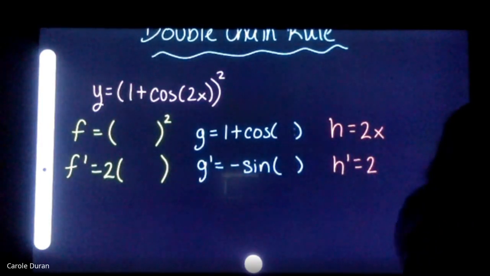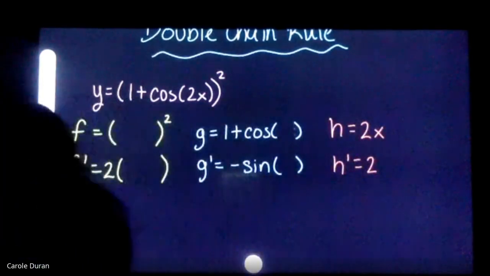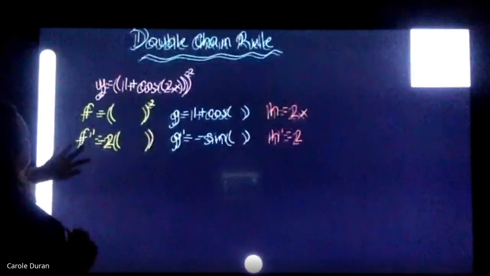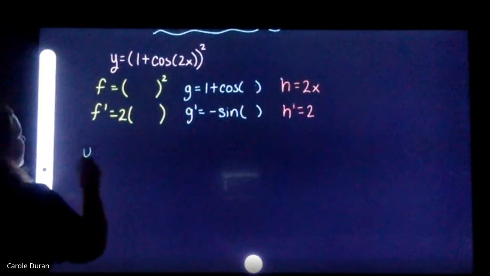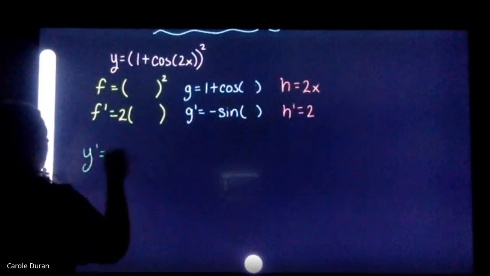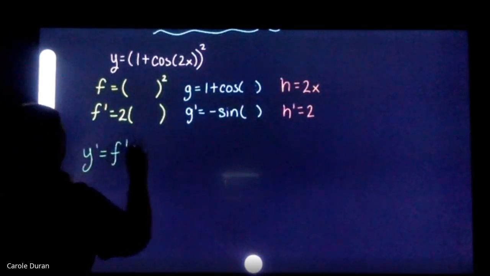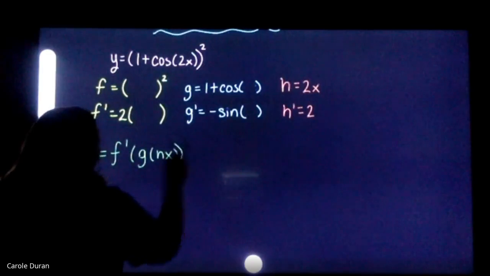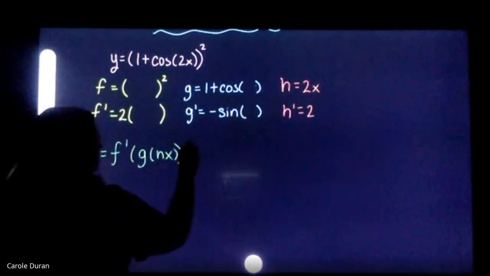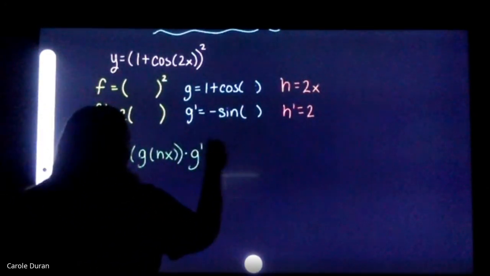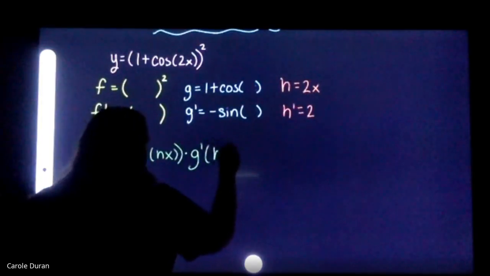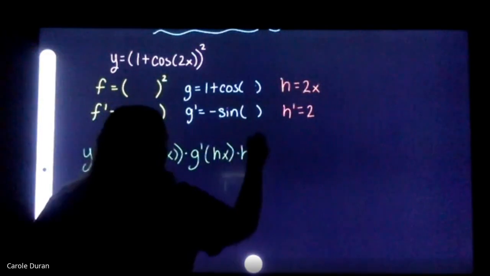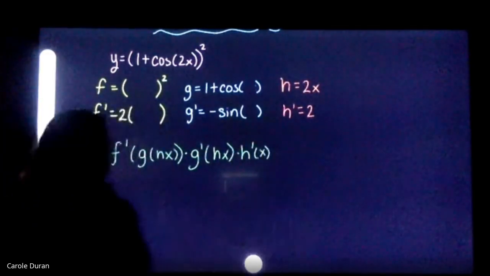So then this is how we are going to do the chain rule for this. My overall derivative is equal to the derivative of the outside times the original inside, times the derivative of the next outside function with the original inside, times the derivative of the inside.